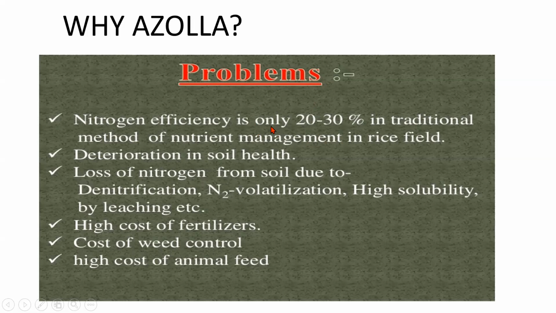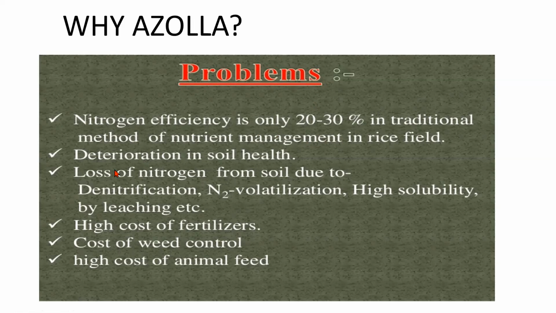Others are all leached out, that means they are just wasted. They get leached out into the water body. If you put chemical nitrogen fertilizer to the rice field, only 20 to 30% of it reaches the plant. The rest all goes waste as runoff water.